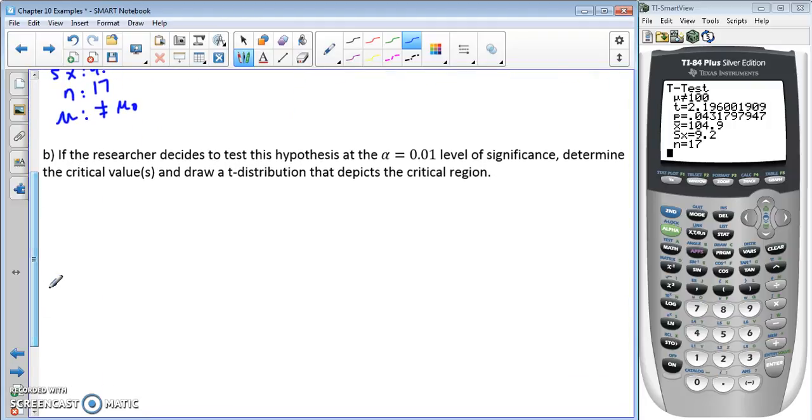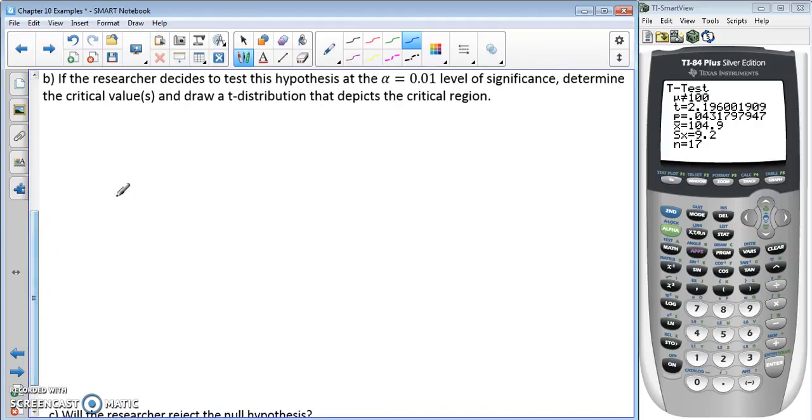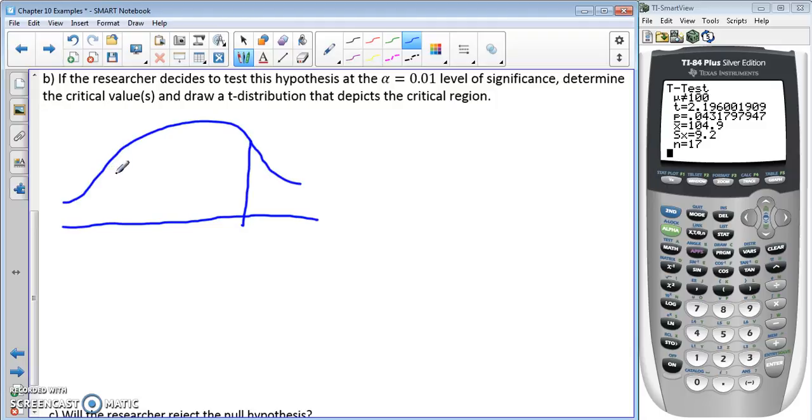So we're asked, if the researcher decides to test this hypothesis at the alpha equals 0.01 level of significance, determine the critical values, and draw a t-distribution that depicts the critical region. Well, our alternative is not equal to, so just like before, we have two critical regions. And that value is split between the two critical regions.